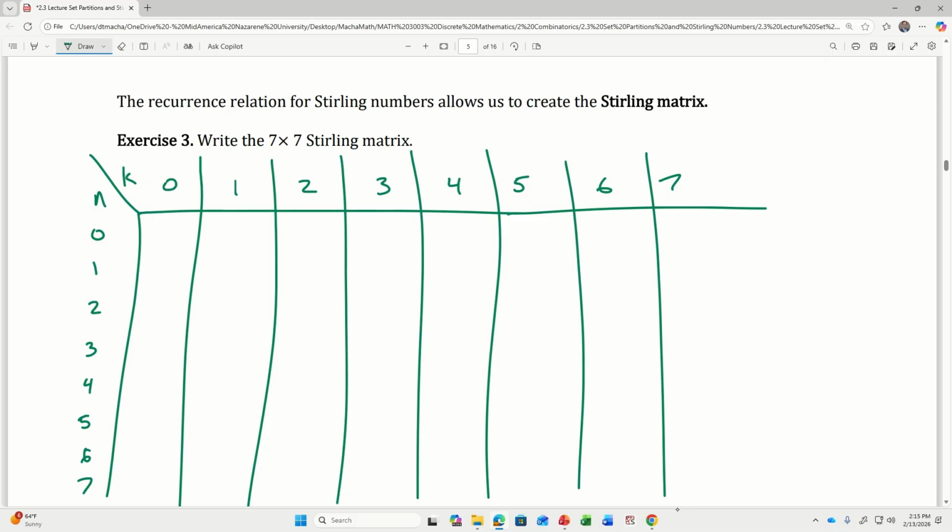If I have a set of size 0, I wonder how many ways I can partition this with 0 blocks. Actually, it doesn't even make sense to start with 0, does it? We'll skip the 0 part because you can't have a partition with 0 blocks.